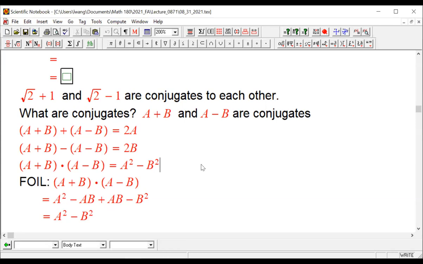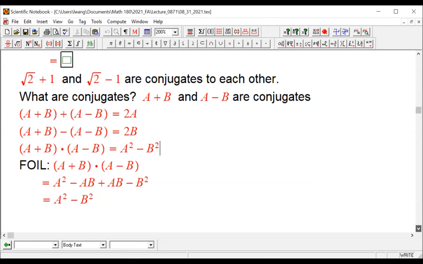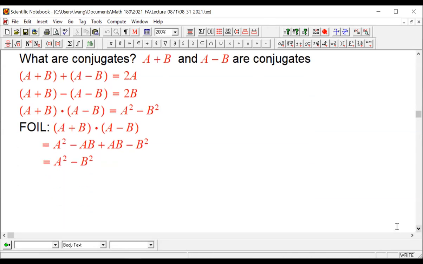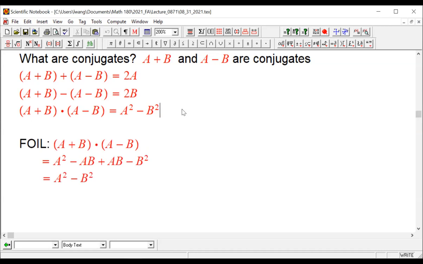Very good. We're going to figure out a name for it. Is it the difference of squares? Perfect. Difference of squares. You guys are wonderful.